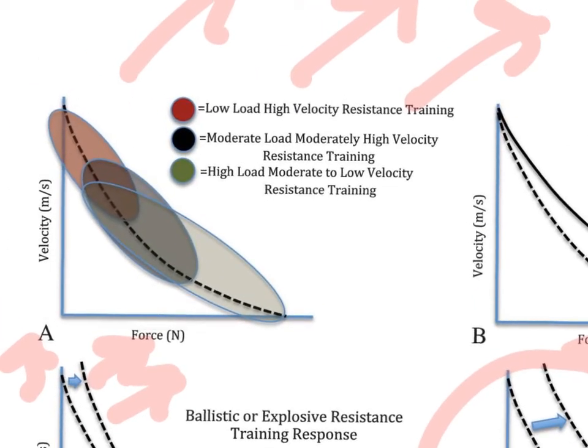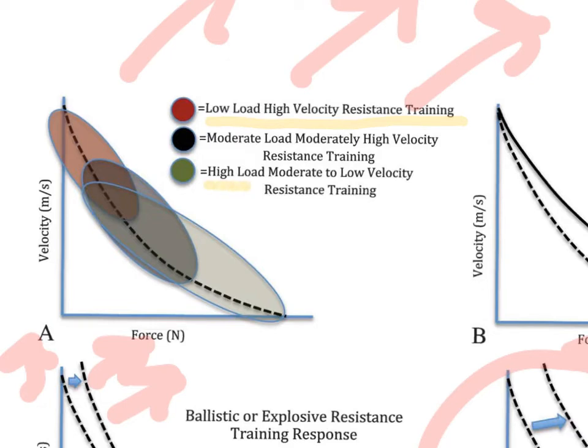If you look in, you can see that low load, high velocity resistance training is going to shift your velocity, as well as increasing sarcomeres in series, however you wish to do that, which eccentric training seems to be a pretty good stimulus.